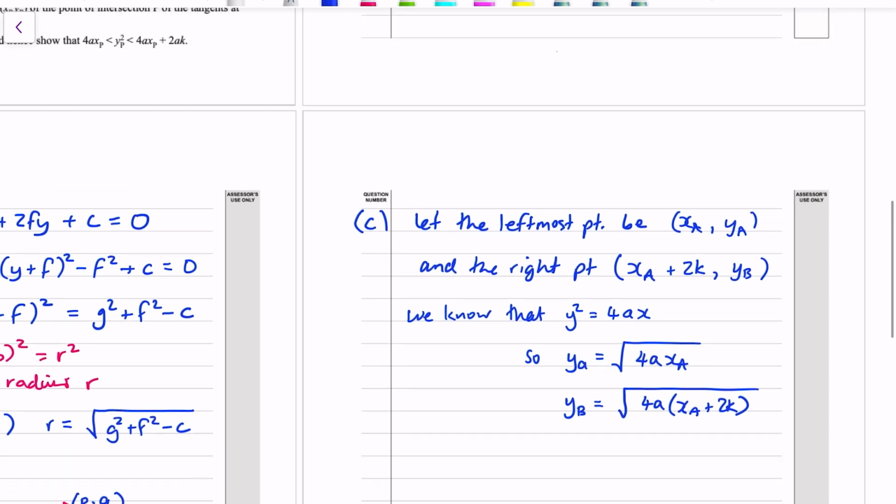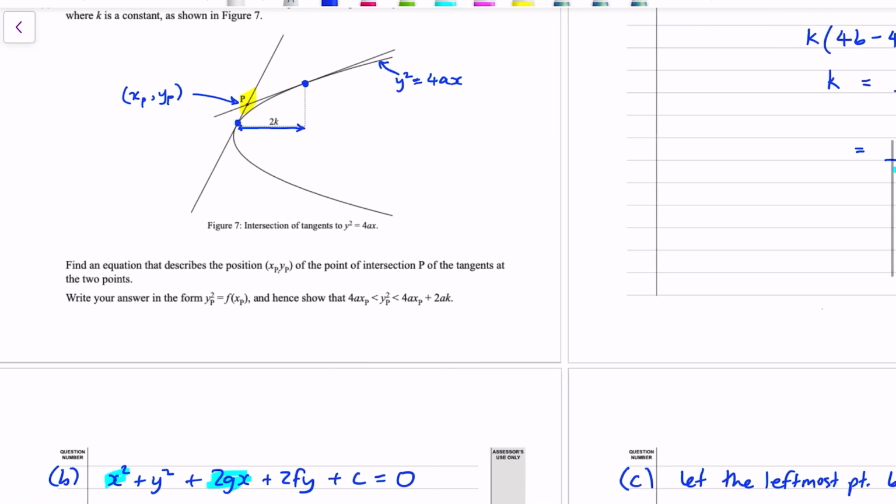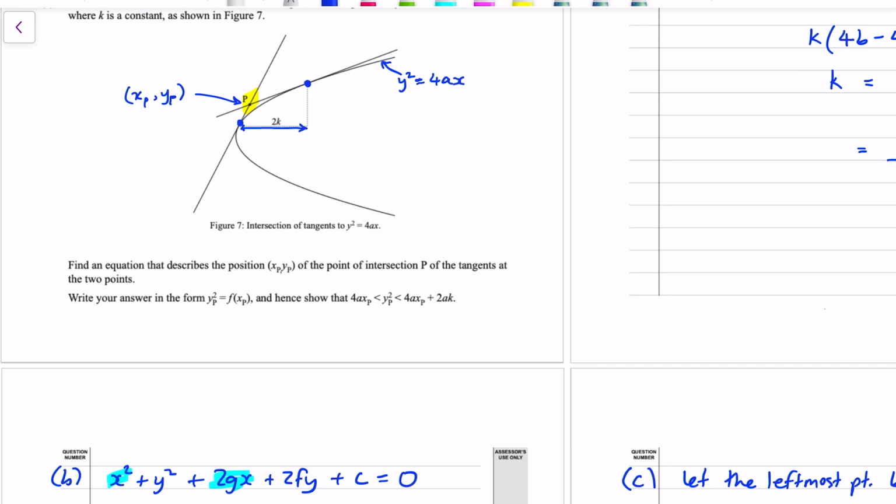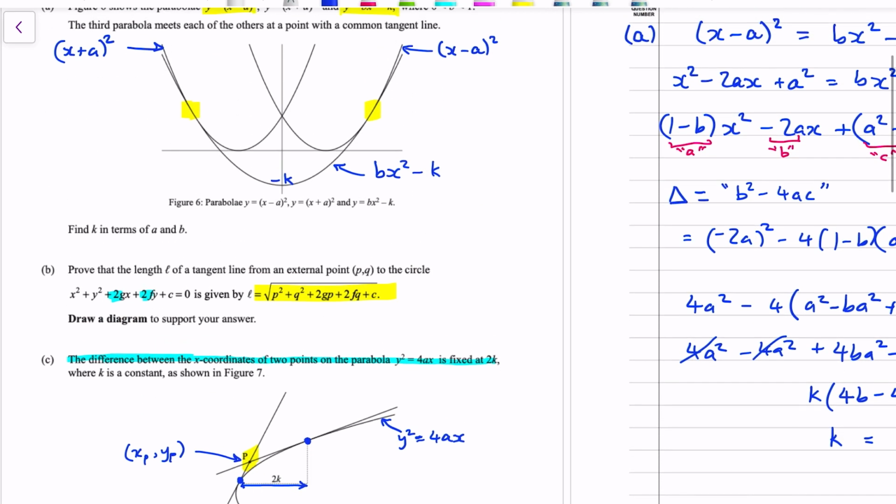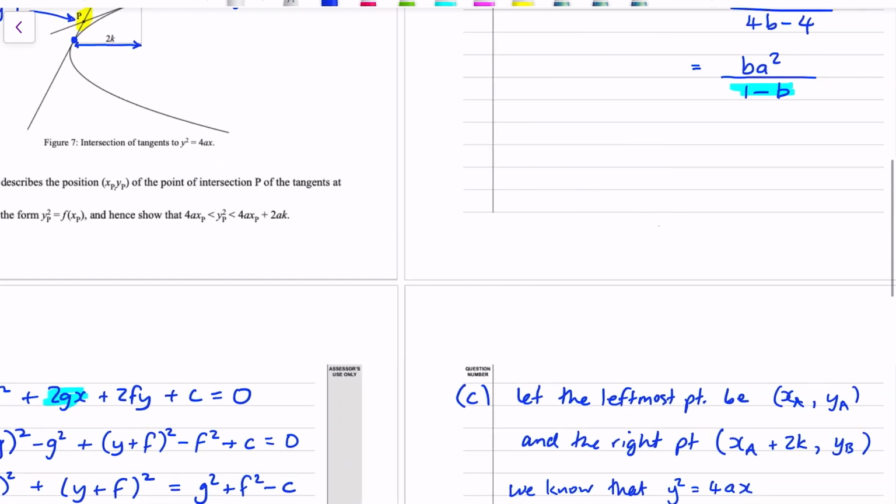Now going back to this picture, how's that helped? We now need to find the equations of the tangents so that we can find out where they meet. And for that, I'm actually going to use differentiation. Unlike the previous question on tangents where I just used the discriminant, I'll find the equations of those lines and then solve them simultaneously.